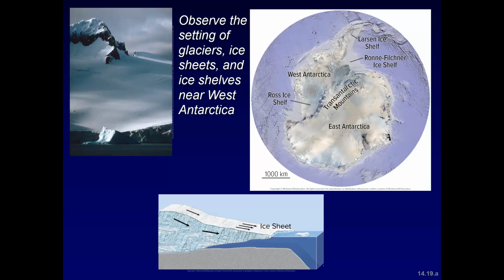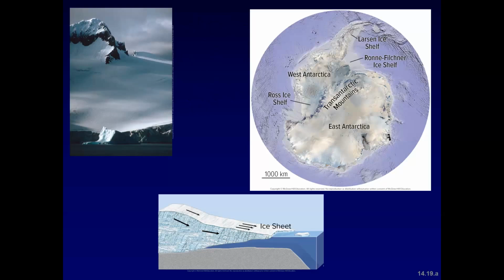The land is flanked by 3 large ice shelves, and the central part of West Antarctica contains an ice sheet as thick as 3,500 meters. The base of the ice sheet is below sea level. The central part of the ice sheet is resting on solid bedrock, and the outer parts are floating on the sea. So each ice shelf loses large volumes of ice every year by calving of icebergs and melting of the underside.